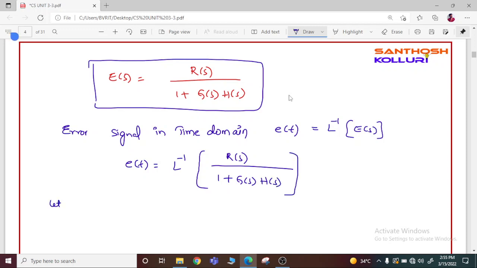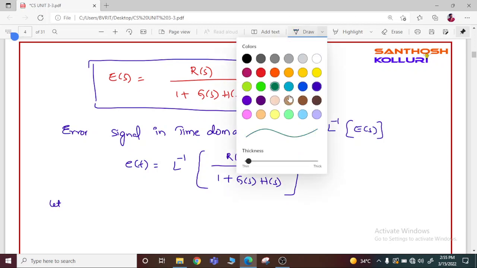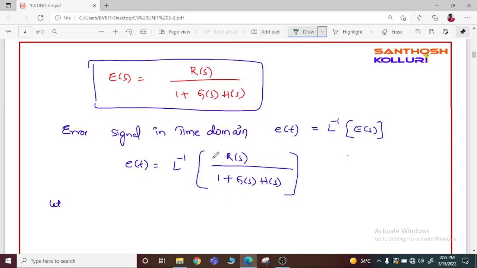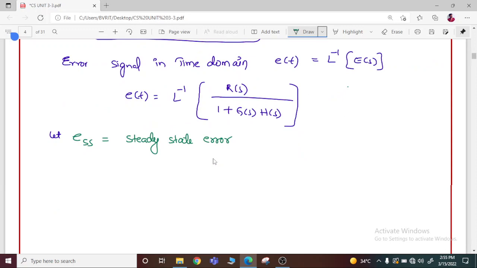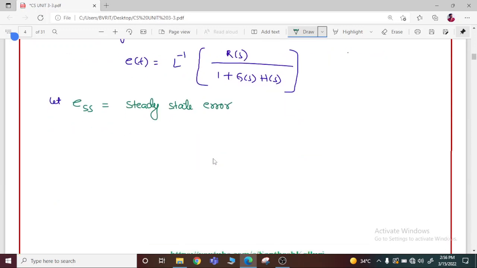Let ESS be called the steady state error. Then the steady state error is defined as the value of E(t) when the time t tends to infinity.